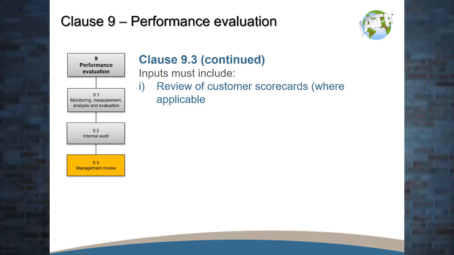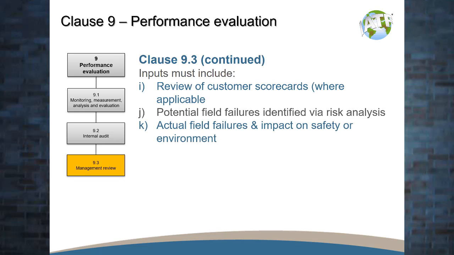If your customer has scorecards, then you need to be reviewing them. If not, then maybe it's your own internal indicators of customer perception. But certainly if there are customer scorecards, you need to bring those in. Potential field failures identified via risk analysis, and then actual field failures and impact on safety or environment.